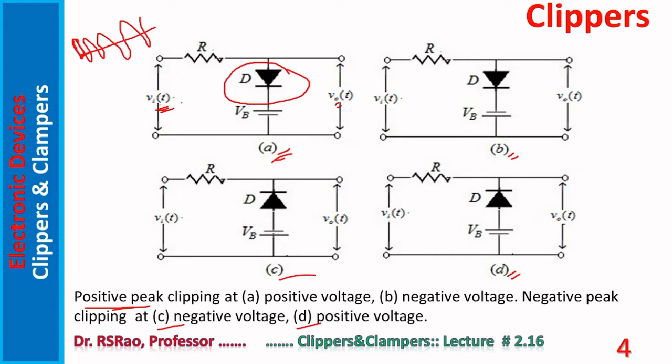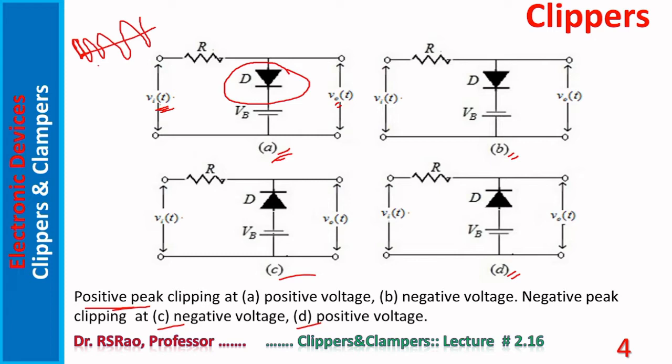When the voltage falls back to VB and further lowers, the diode goes into non-conducting state. When Vi falls back to VB, the non-conducting state of diode comes into being from conducting state, and from that point onwards, V naught equal to Vi.